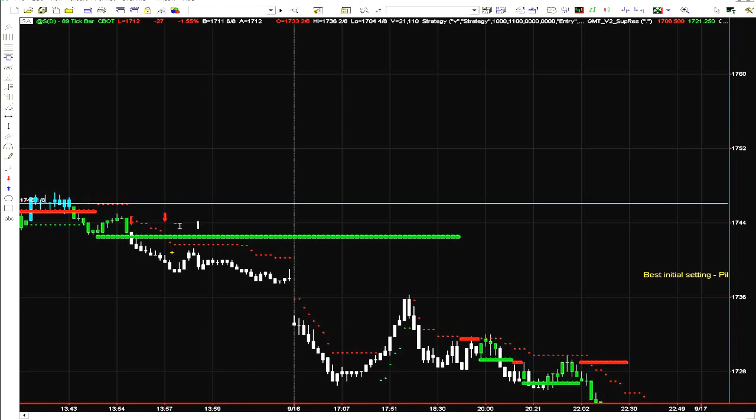So on this particular setting, we've got what we call a TP is true, so we're taking our trailing stop. So as soon as that breaks, now ours is 15 pips, so as soon as it breaks by 15, we're out of the trade.